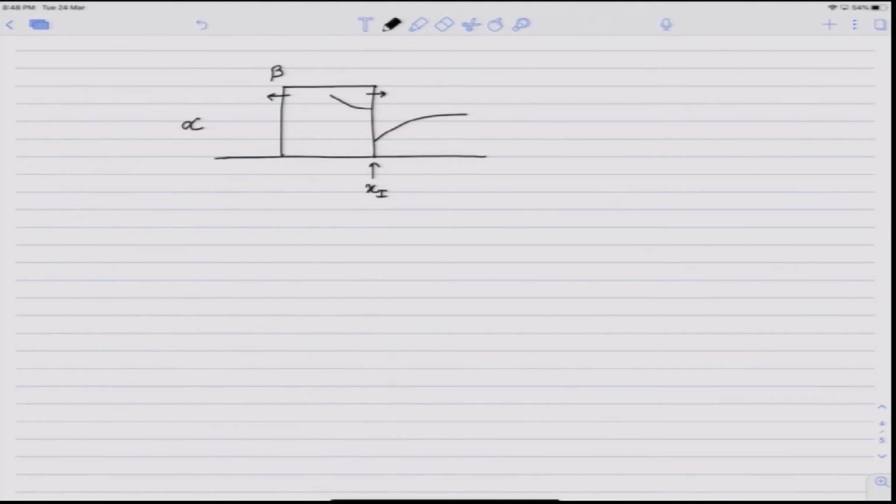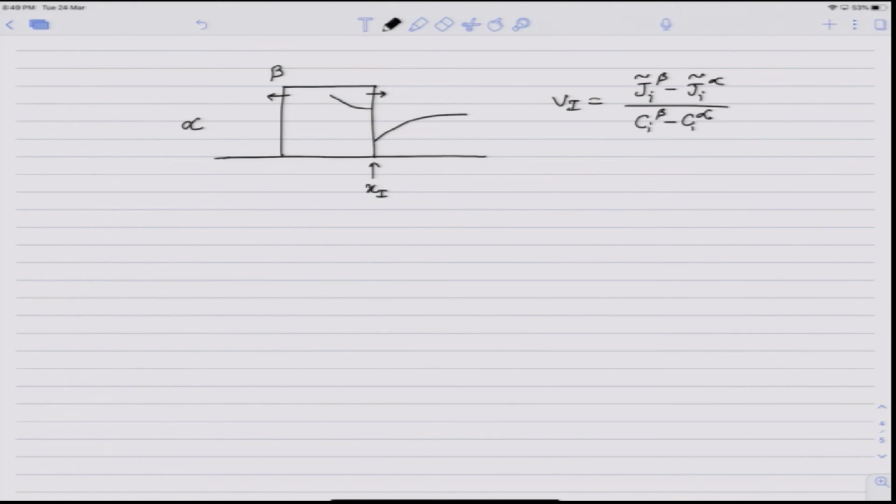So, to evaluate this growth rate, it is important to understand the velocity of this interface, and the velocity of this interface can be obtained by the formula that we derived. V_i is equal to J̃_i in beta minus J̃_i in alpha divided by C_i in beta minus C_i in alpha.